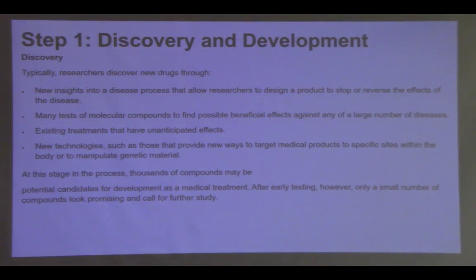So step one is discovery and development. Most drugs, or all drugs, start here, and they start looking at how compounds work, or how the body's working, and how the drugs might affect that, or they may see an unanticipated effect from another drug and start developing it from there.